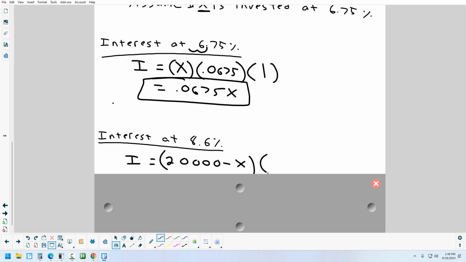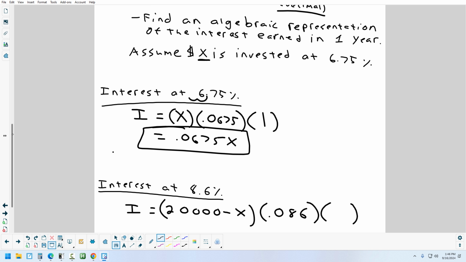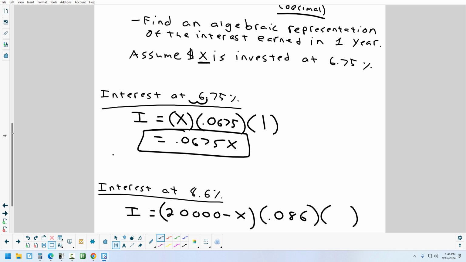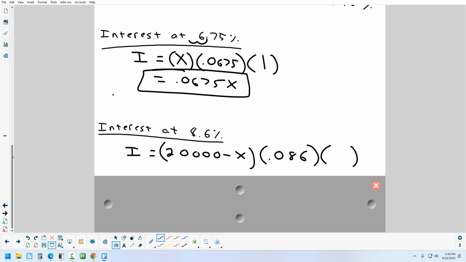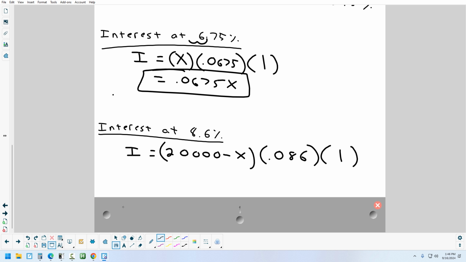Okay, what's the rate in this account? What's 8.6% as a decimal? 0.086. And how many years is he leaving his money in the investment? 1, it says it up there. Find the interest earned in 1 year. So the times 1 doesn't do anything, but I do need to take that and distribute it out to simplify it.